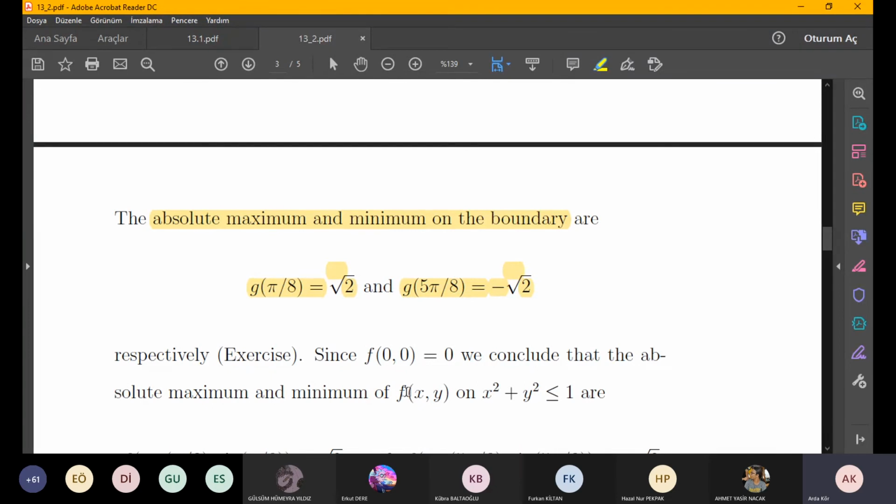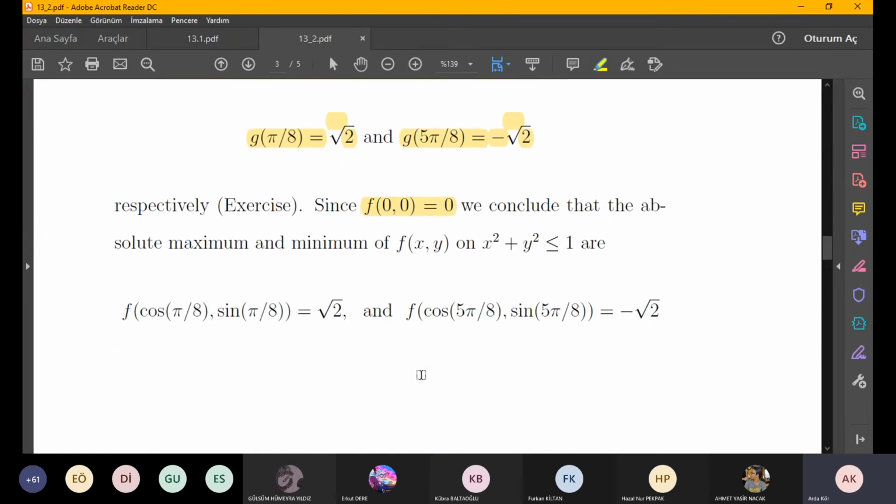Since at the critical point f(0,0) is equal to 0, we conclude by comparing all those values, square root of 2, minus square root of 2, and 0, that the absolute maximum and minimum values of f(x,y) on the restricted domain, the unit disk, are square root of 2 and minus square root of 2 respectively.